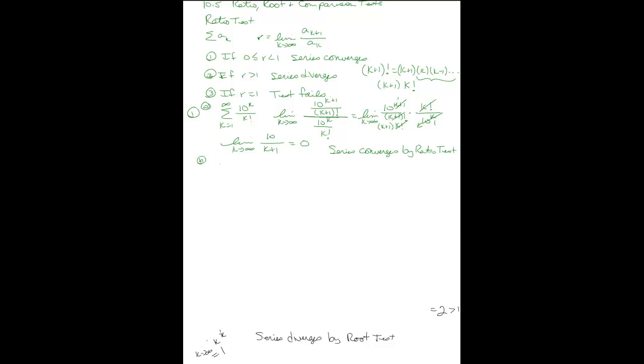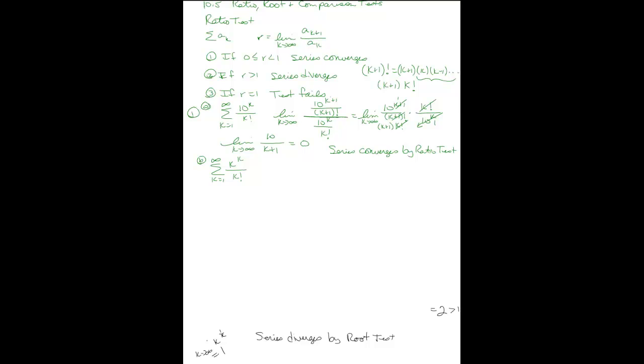Part B. k equals 1 to infinity, k to the k over k factorial. Factorials, the ratio test is amazing for factorials. Those things wipe out really nice.